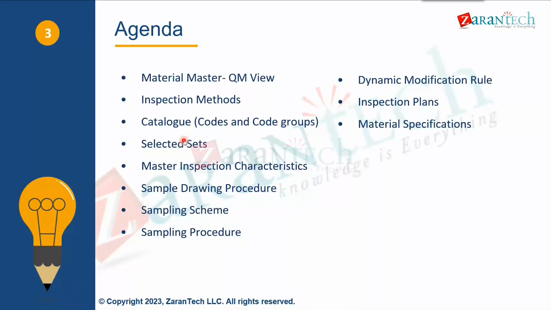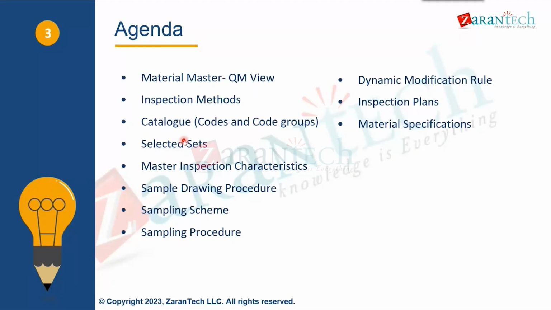Okay. So how many types of master inspection characteristics do we have? Qualitative and quantitative. One more: class characteristics.